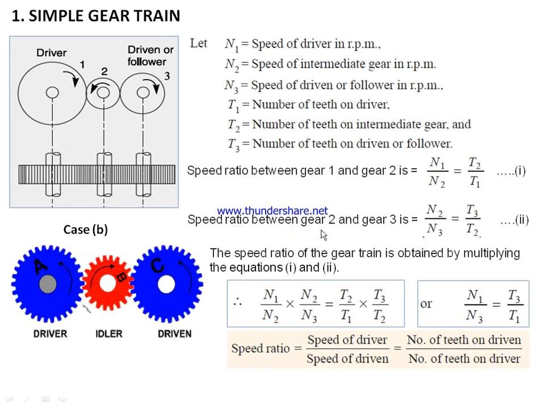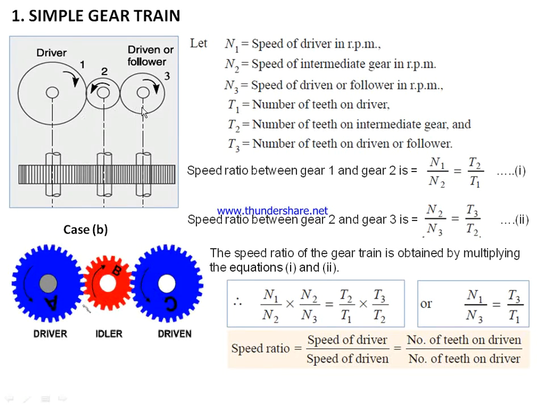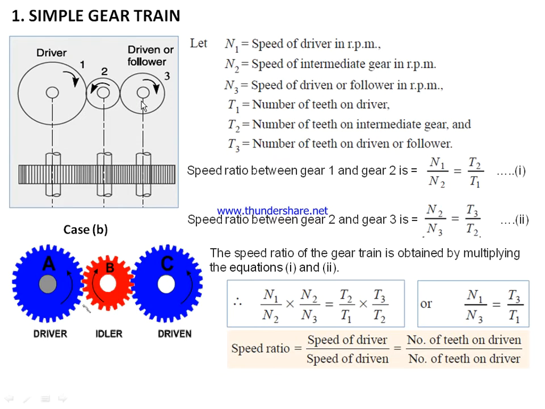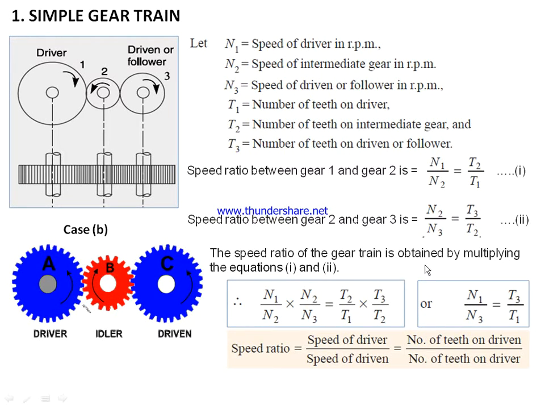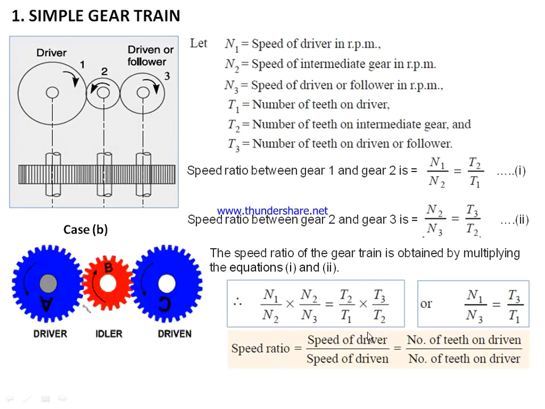Similarly, when you take gears 2 and 3, this is the driver and this is the driven. So, driver speed divided by driven speed, N2 by N3 equals T3 by T2. Now, multiplying these two equations, N1 by N2 into N2 by N3 equals T2 by T1 into T3 by T2.